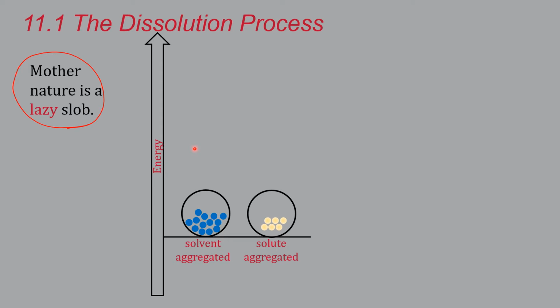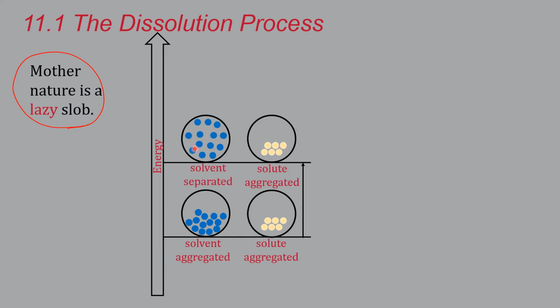All right. So let's break this process up into a couple of hypothetical steps. The first one is I'm going to separate the solvent molecules from each other. So this is like overcoming the hydrogen bonds in water to separate them. And in this case, hypothetically, we haven't done anything to the solute yet. That's actually the next step.